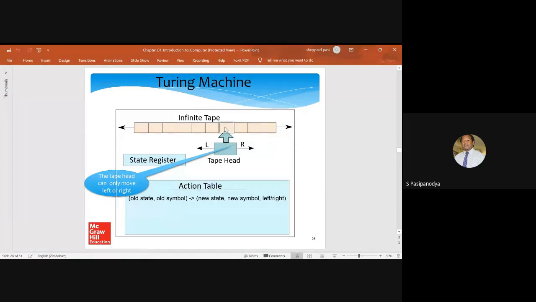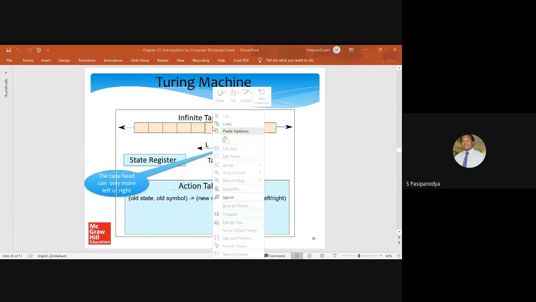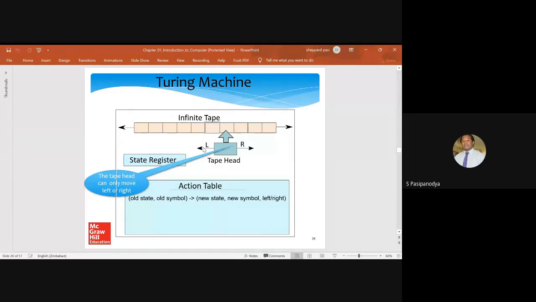But if we want to move to this new block, it means that the head needs to shift to the left. If it wants to move to this block, it means the head needs to shift to the right. Do you understand? Yes, sir.